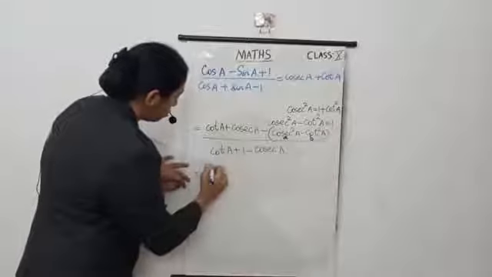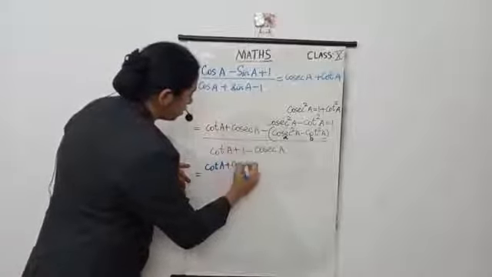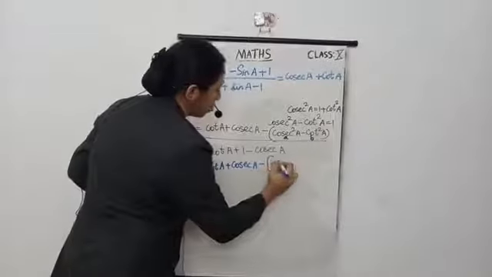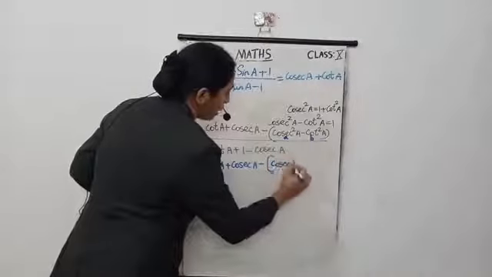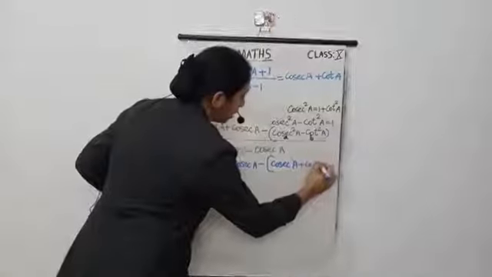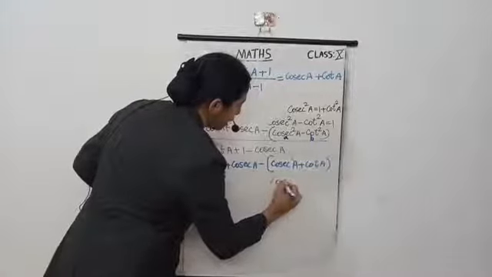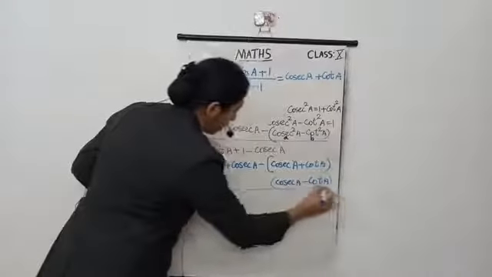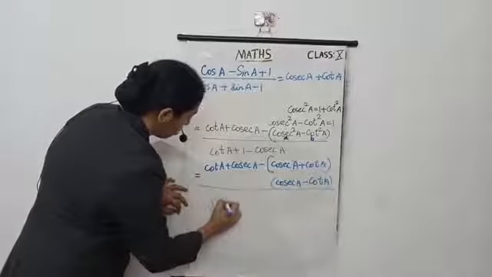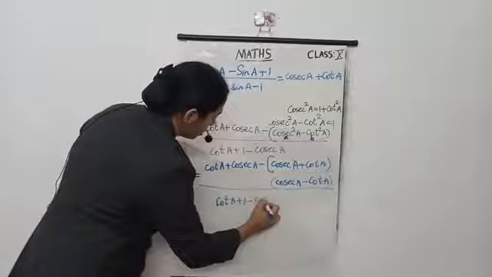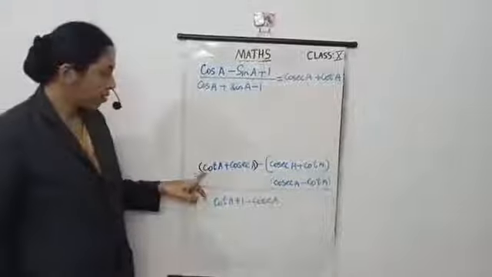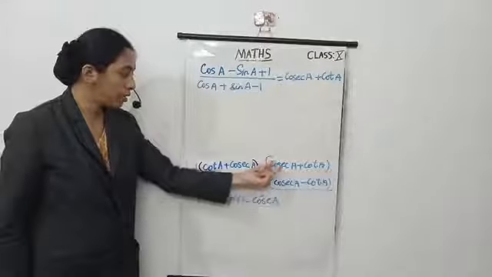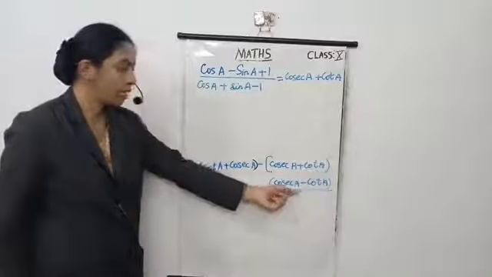So this is equal to cot A plus cosec A minus, in bracket, (cosec A plus cot A) into (cosec A minus cot A), all divided by cot A plus 1 minus cosec A.